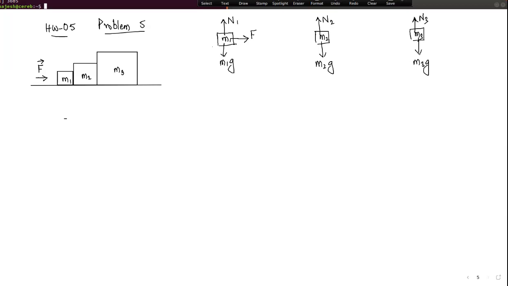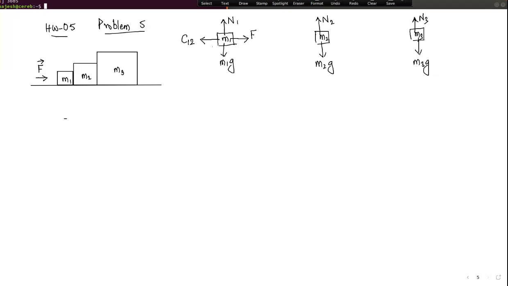Because M1 tries to move to the right because of the action of the force F, M2 tries to resist that. So there is a contact force on 1 due to 2. So that would be C12. This is the force exerted on mass 1 due to mass 2. That's our notation Cij as given in the problem.